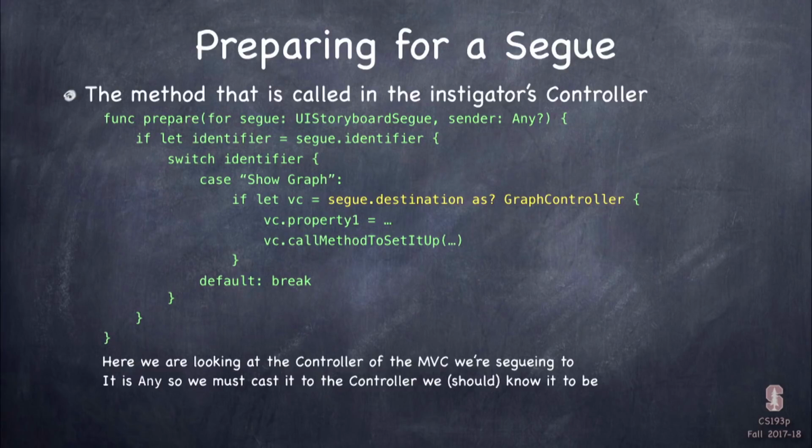It's going to be just UIViewController. That's because the UIStoryboardSegue class has a var that has to have a type, and it can't know anything about a graph. It was written by Apple years ago. So it's of type UIViewController. That means we have to use as, the typecasting, to downcast it to the kind of MVC controller we think this is, based on which segue it is.